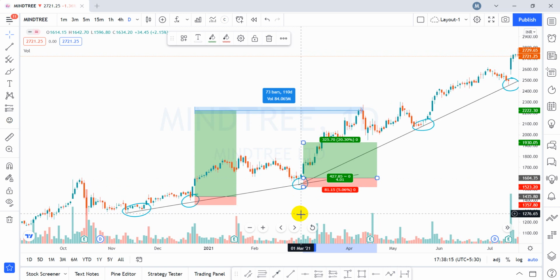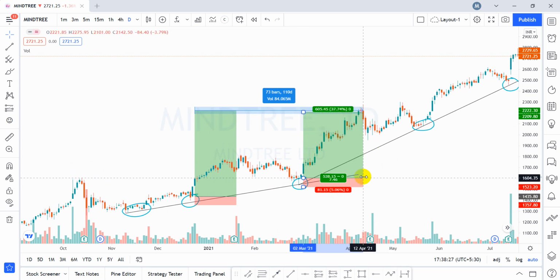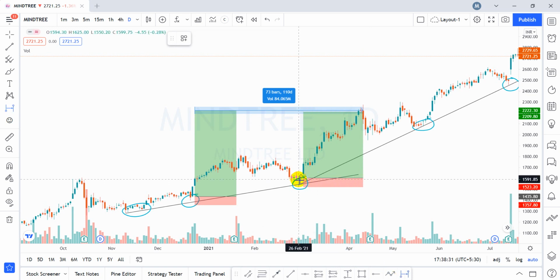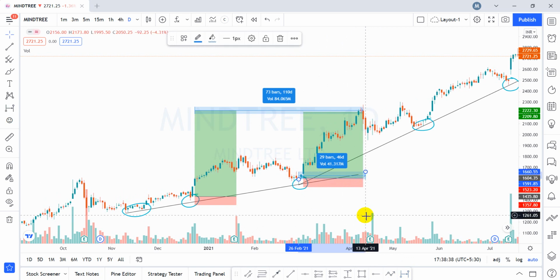So one full candle has to close below my trend line, and if it is hitting my stop loss, I would be exiting my trade by taking that small stop loss, and I'll look for the next opportunity. This is part of the game. Stocks which are in a growth trajectory may sometimes give you a reversal, and in the reversal we will hit our stop loss, which is all right.